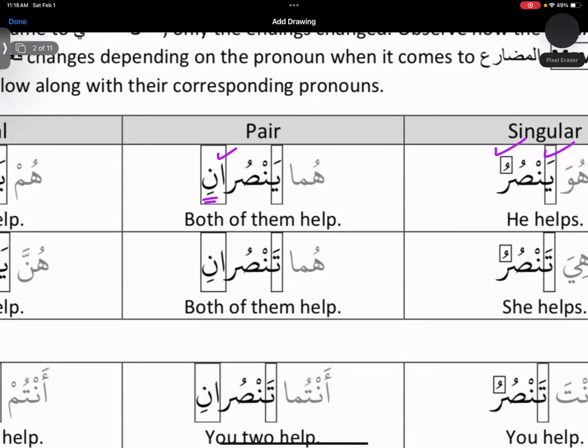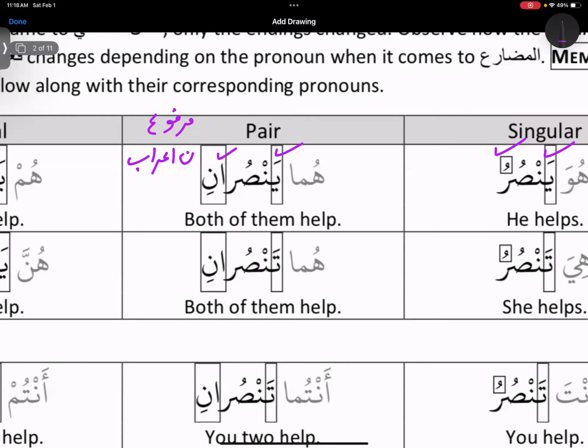You can call it noon of i'rab, because its presence tells me that the fi'l mudari is marfu, and its absence tells me that the fi'l mudari is mansub or majzoom. So this noon is the indication of rafa, and it gives me the i'rab of it. That's why it can be called noon of i'rab.